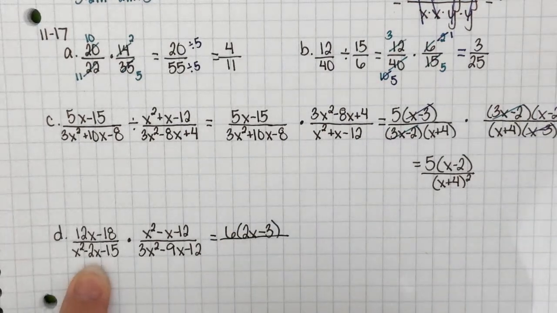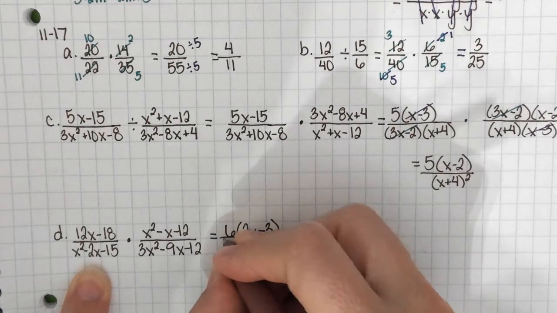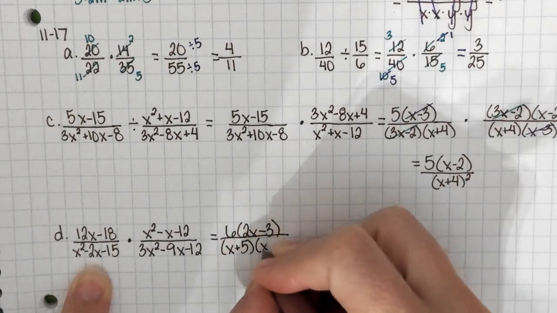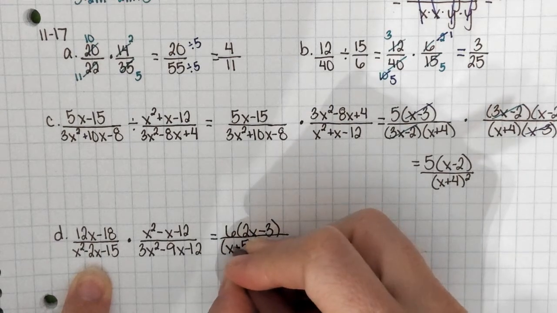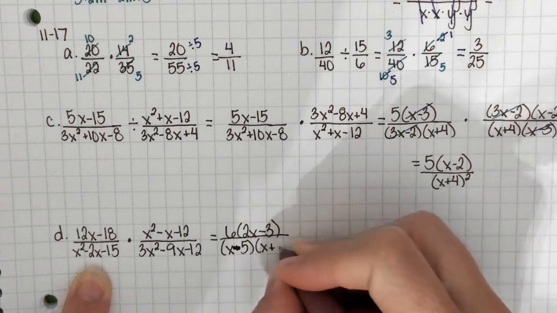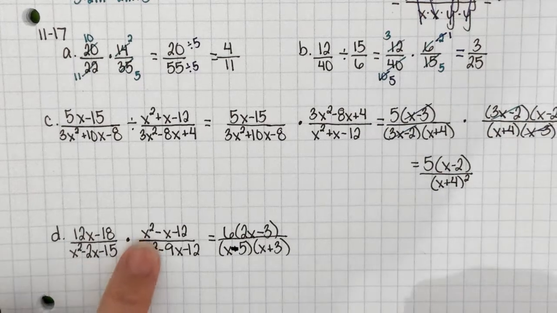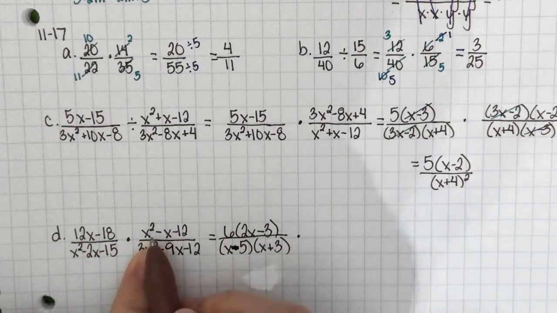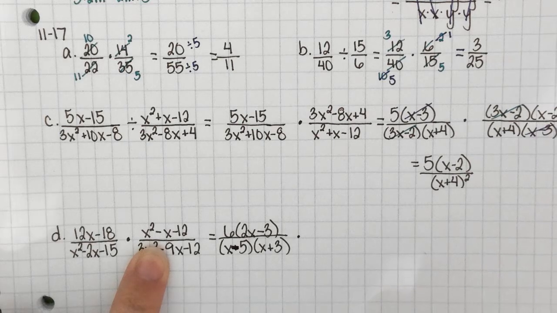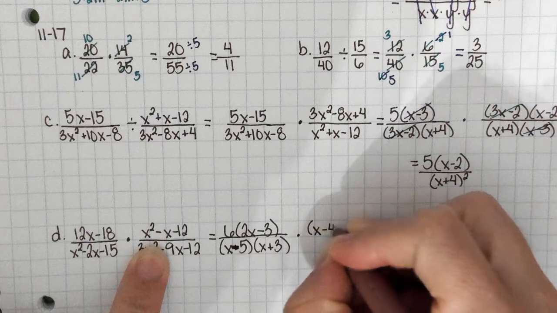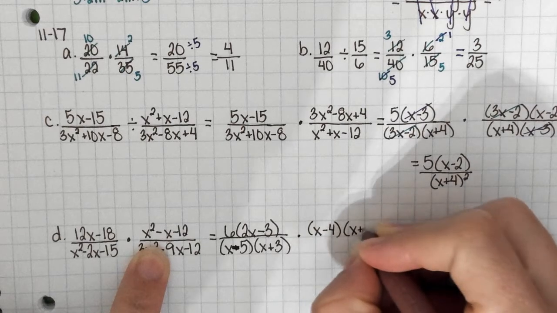This first denominator here, x squared minus 2x minus 15, that factors into x plus 5 times x minus 5 times x plus 3. And then this guy here, x squared minus x minus 12, that factors into x minus 4 times x plus 3.